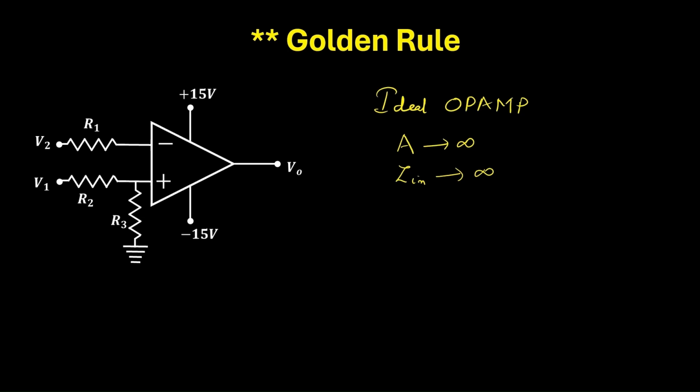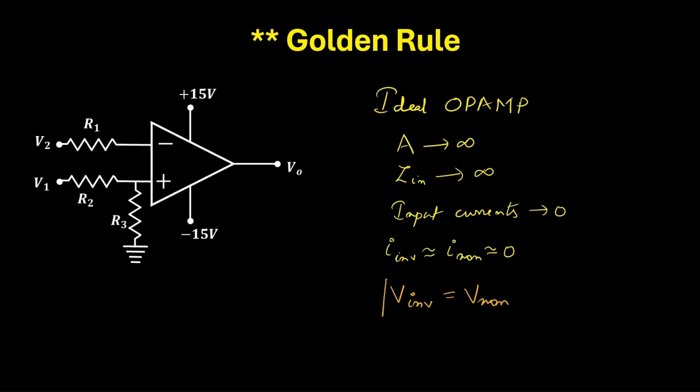Because of this, the input currents will tend to 0. So the current at the inverting terminal will be equal to the current at the non-inverting terminal, which is equal to 0. This leads to a condition that V at the inverting terminal will be equal to the voltage at the non-inverting terminal.